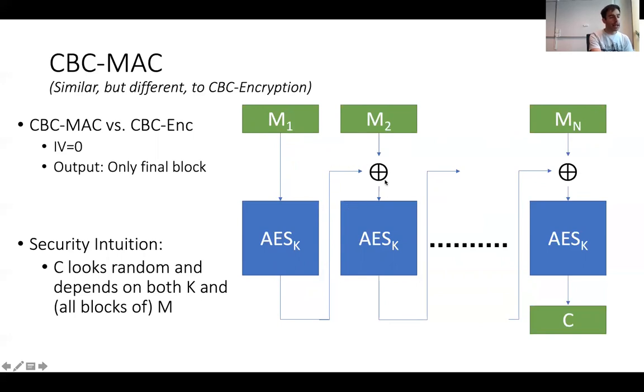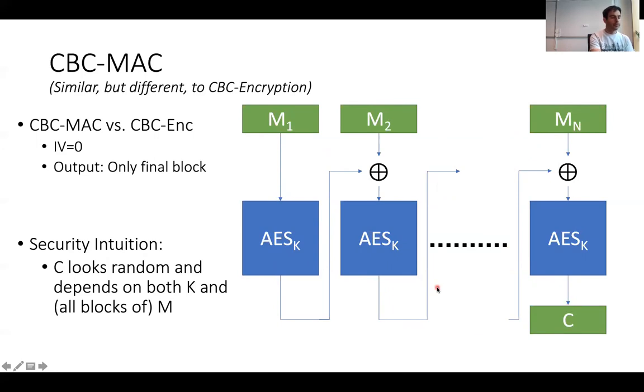Now you XOR the output with the second block of the message, and you go on, and you go on, until you get the last block, which is the output of AES applied to the last block of the message, XOR with the second last output of AES. The MAC is this last block and only the last block.